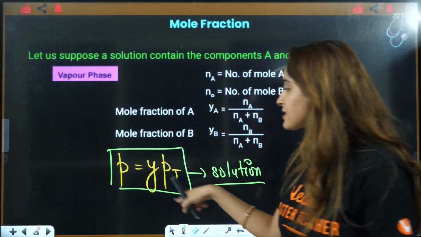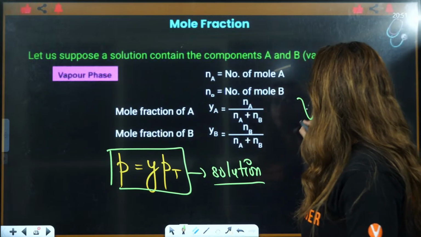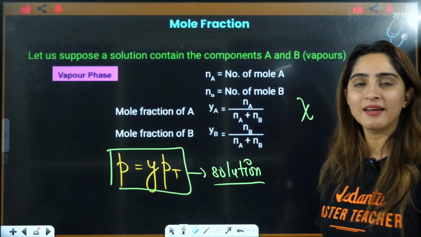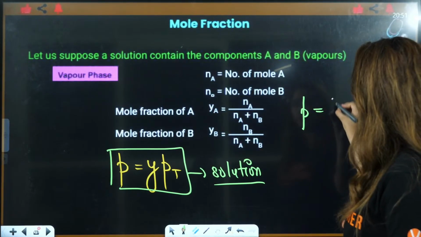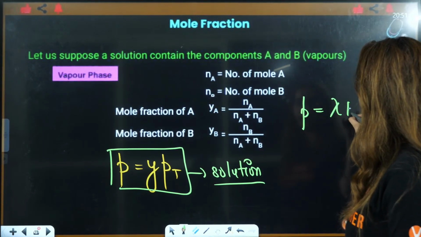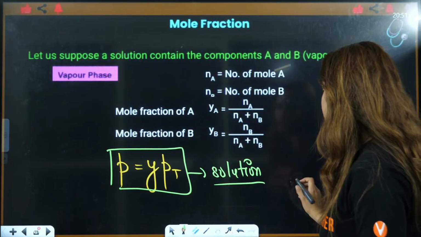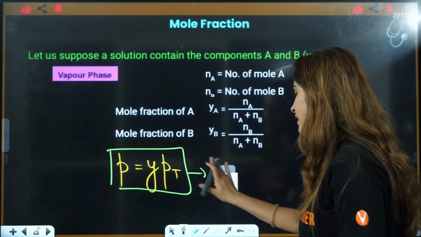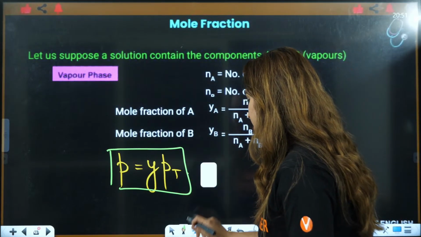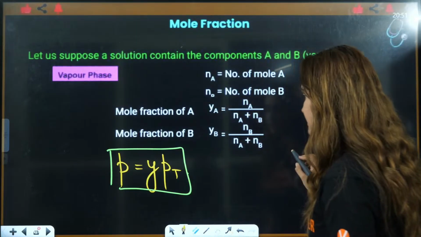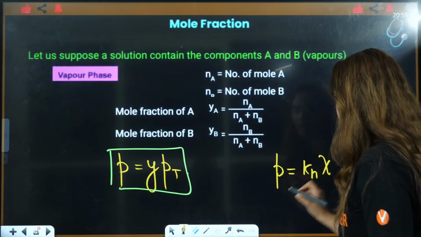In Henry's law, you use mole fraction: partial pressure is equal to mole fraction multiplied by KH. This is Henry's law, right? This is, I think, given by Dalton, but where should I write it? Don't worry, we will discuss it in detail in Henry's law. This is KH, this is mole fraction.